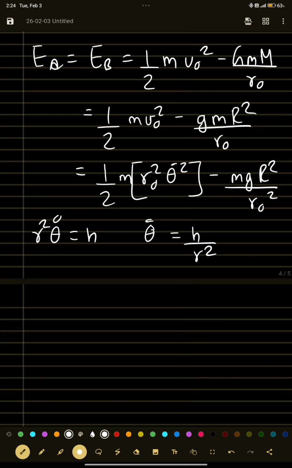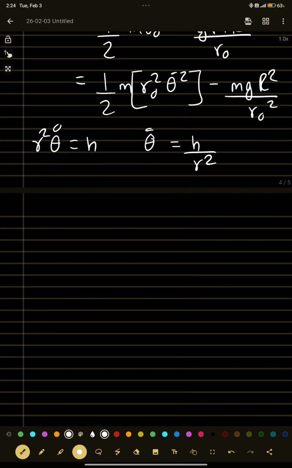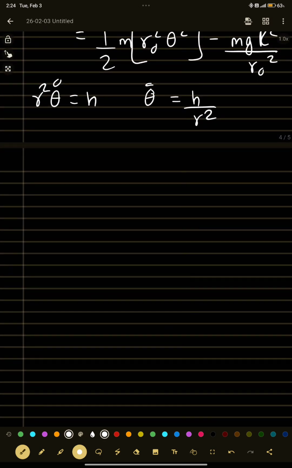H upon r square. So half m r naught square, you can write here r naught. So this is theta dot square, so it will become h square.